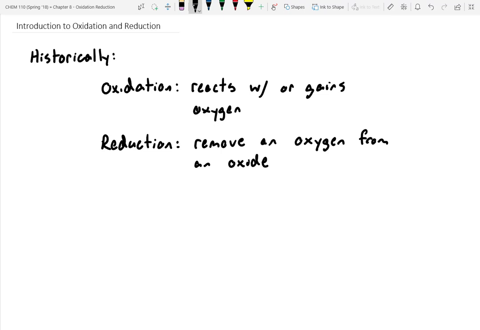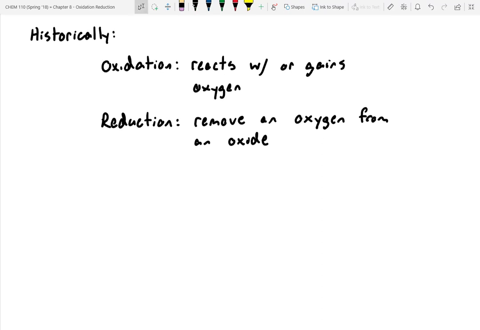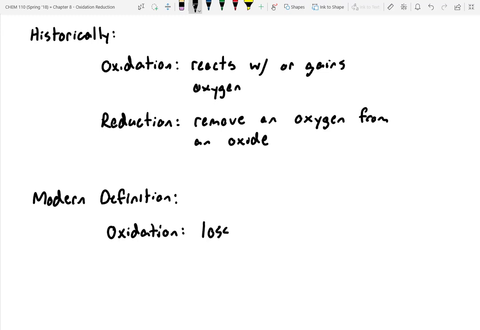All right, so oxidation and reduction historically always had to do with the gain or loss of oxygens. Let's take a look at the more modern definition. Oxidation is no longer about oxygen, unfortunately. Instead, it has to do with a loss of electrons. And reduction is the opposite.